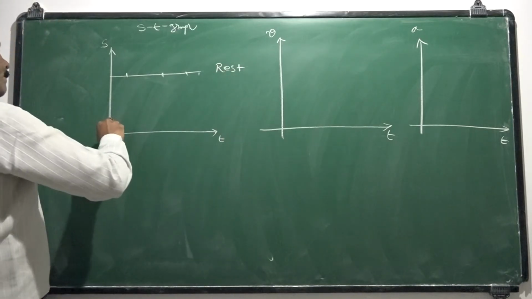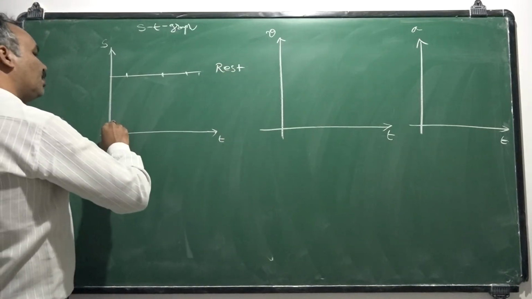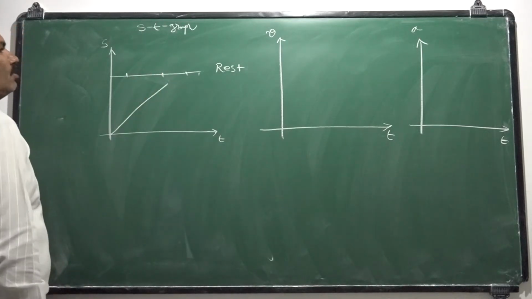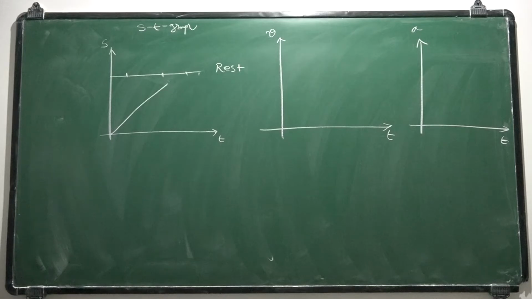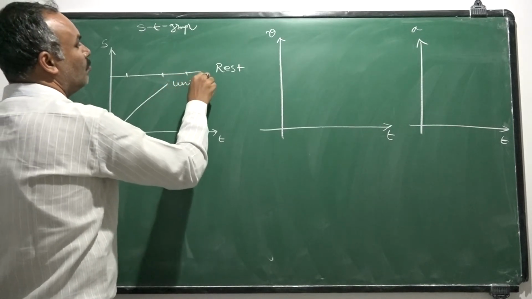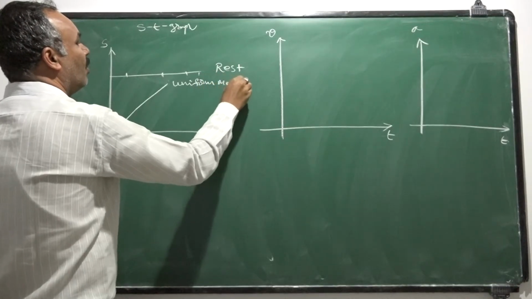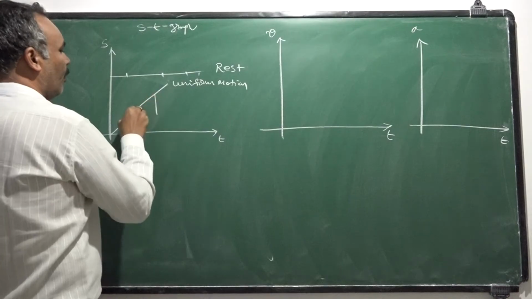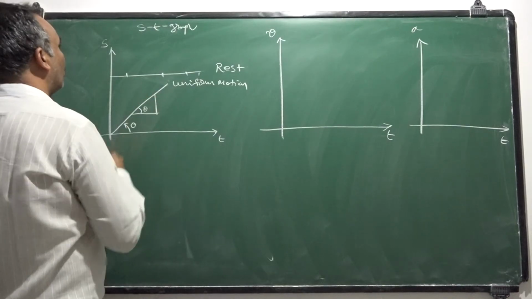If the displacement of the body is gradually changing with respect to time, then the body is said to be in uniform motion. Uniform motion. Why? I will tell you. The slope of the straight line you can identify by establishing a small triangle here.